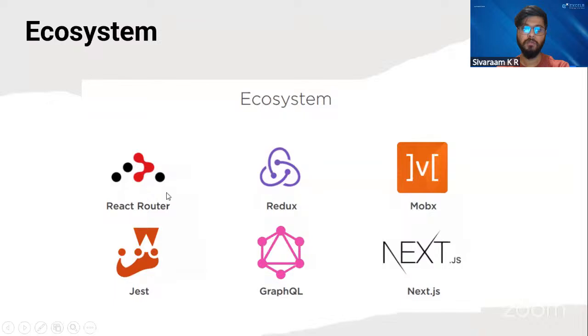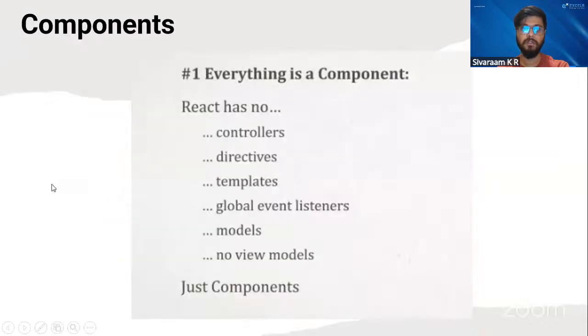Okay. If you want to use state management, you need to use something called Redux. So these are the different ecosystem tools we need to use in React so that we can build a full-fledged application. This term ecosystem means all the requirements so that you can build a React project.